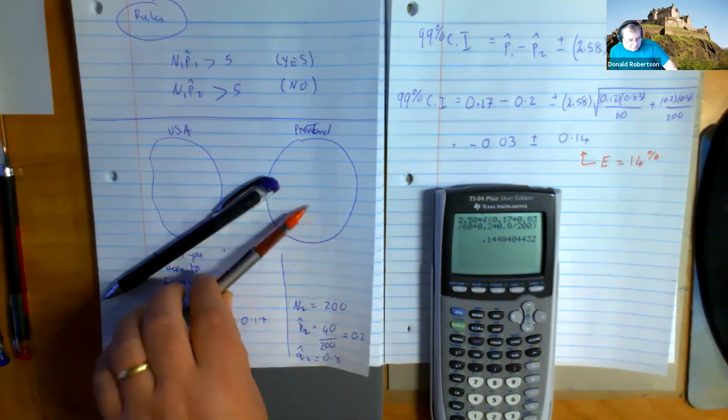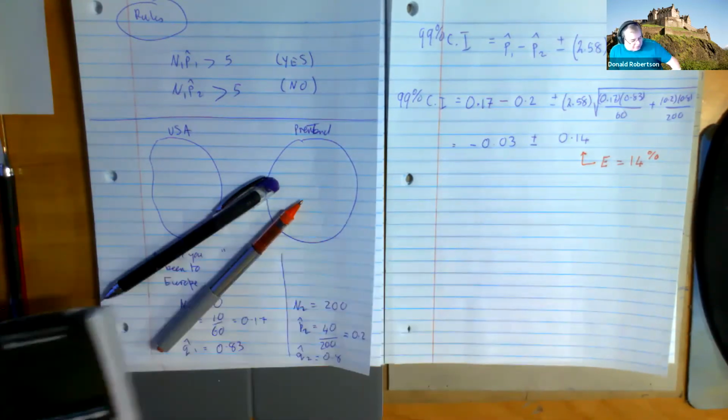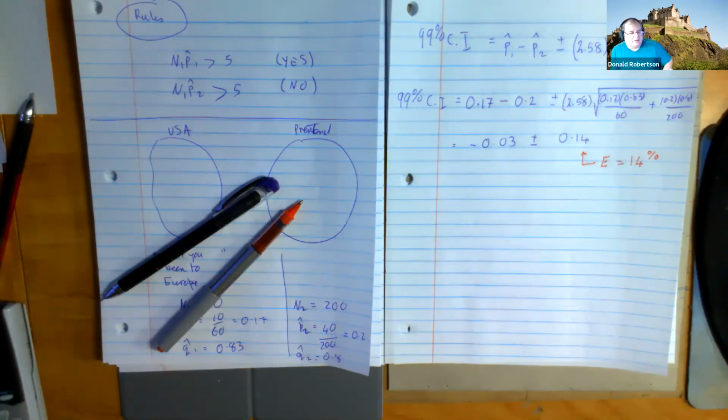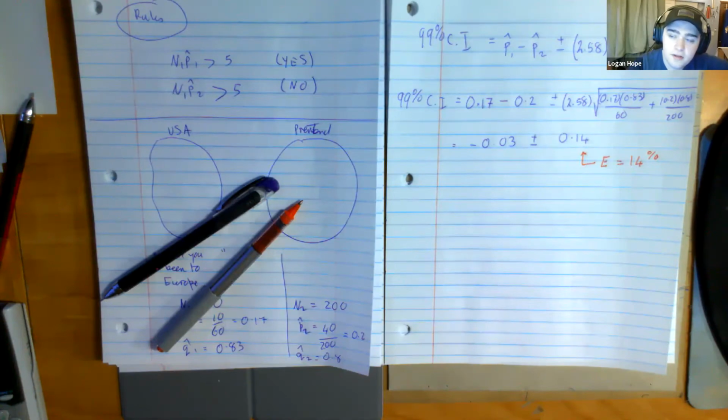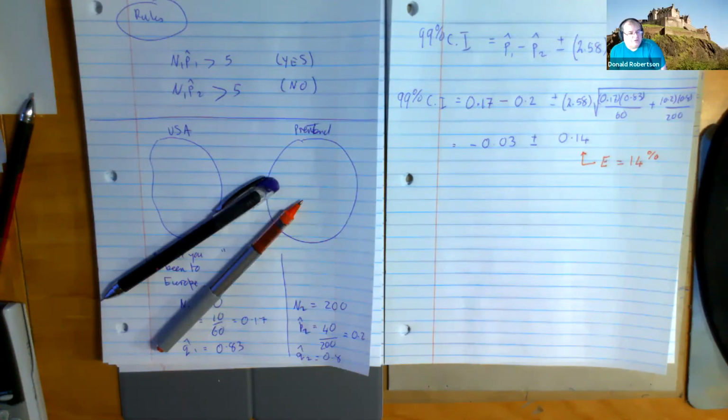Can you think of any practical reasons why that margin of error is so big? Because we have such a high confidence interval? That's definitely true. Good answer. Can you give me another reason? But is there another reason why it's so high?